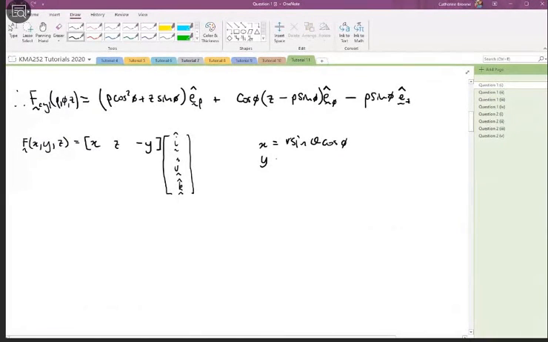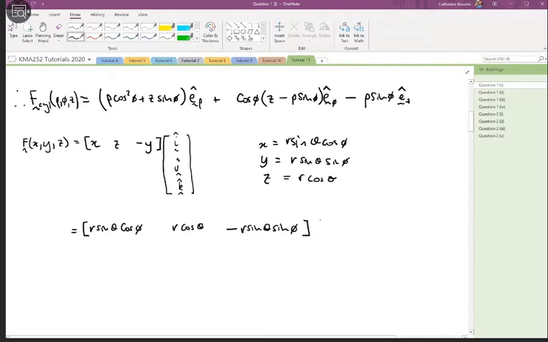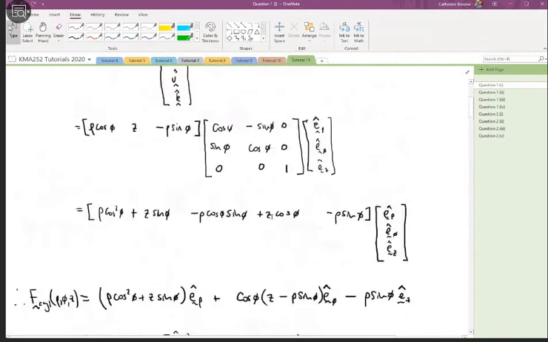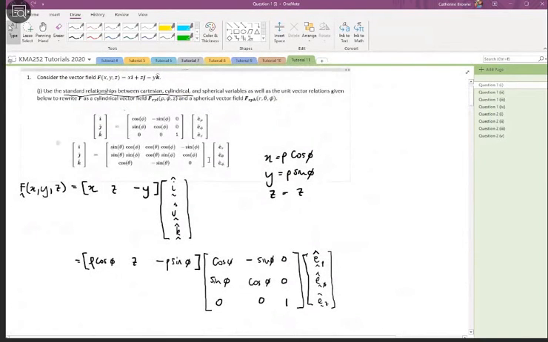So y is r sine theta sine phi, and z is r cos theta. So we get r sine theta cos phi, r cos theta, minus r sine theta sine phi, and then we've got to use this matrix here this time.